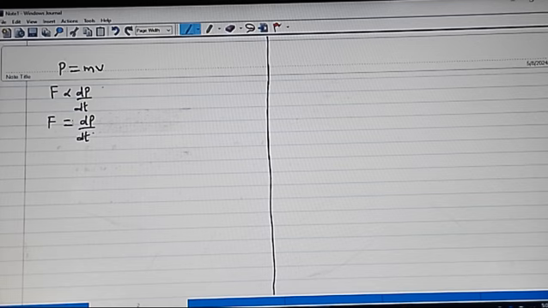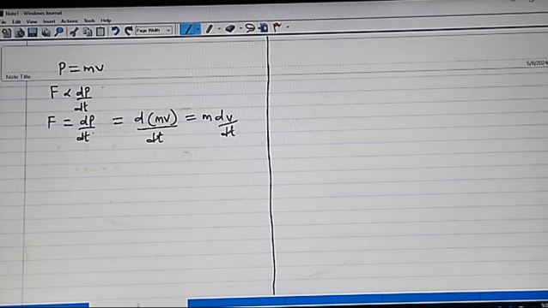Momentum, of course, is mass times velocity. So we substitute into this expression, and that gives us d(mv) all over dt. But the mass is constant. So bring mass out, bring the constant term out, and differentiate the velocity.